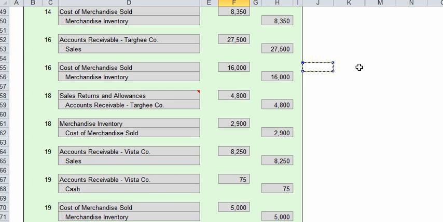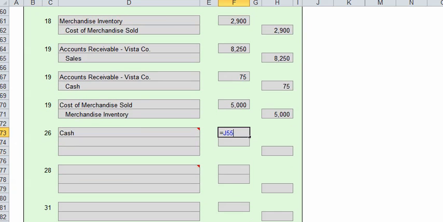But they didn't keep all of that. They returned $4,800 worth. So let's come back down. It's equal to $27,500 minus $4,800 times how much of a discount did we offer them? 1%, 0.01.